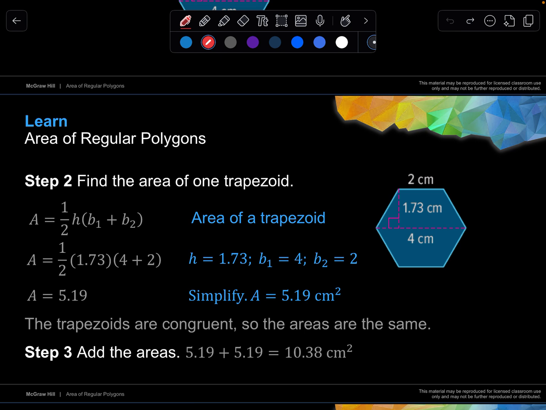When you substitute that, you can figure out that A is 5.19 centimeters squared. Don't forget the centimeters squared. Now that's just the area of one trapezoid, and we're going to double it because we have two such trapezoids. So our total area is 10.38 centimeters squared.